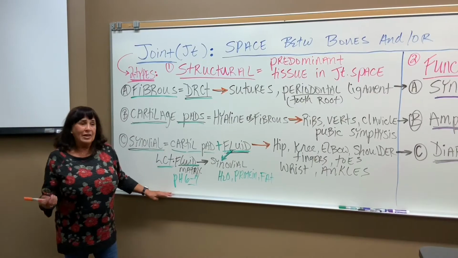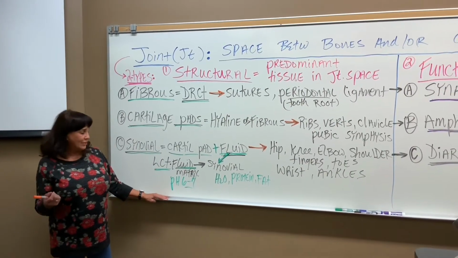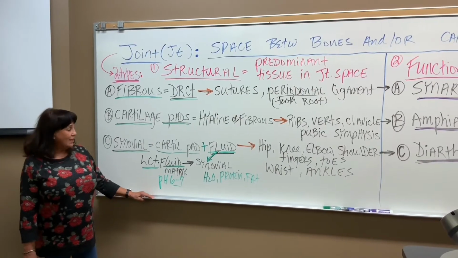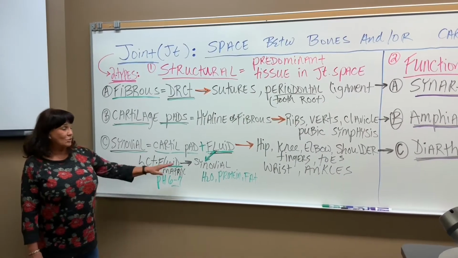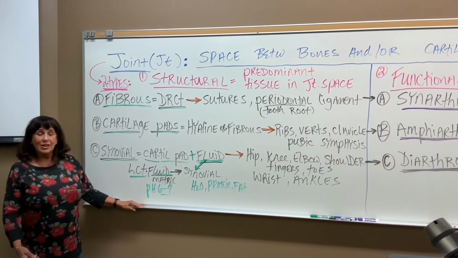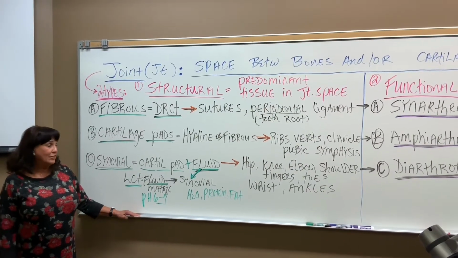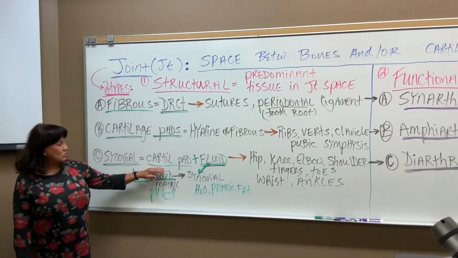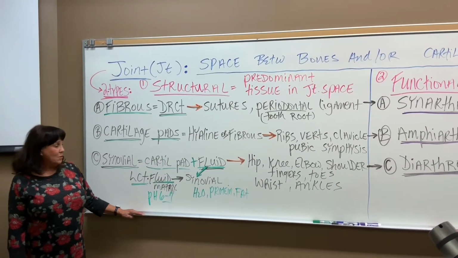So it's almost like a nice baby oil consistency, okay? What kind of pH does it have? 6 to 7. And so we do have synthetic synovial fluid that they can inject into your knee joint in particular to help keep it moist and to keep the cartilage pad from disintegrating, right, with age.